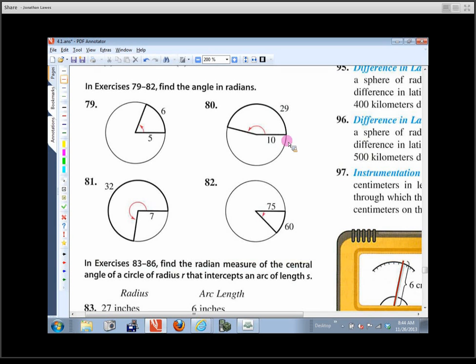So it's how many radiuses or fractions of radiuses you went around the outside of the circle. So if this is 29, how many radiuses would that be? Almost 3, right? In fact, exactly 29 divided by 10, that's how many radiuses it would be. It would be 2.9 radiuses, wouldn't it?